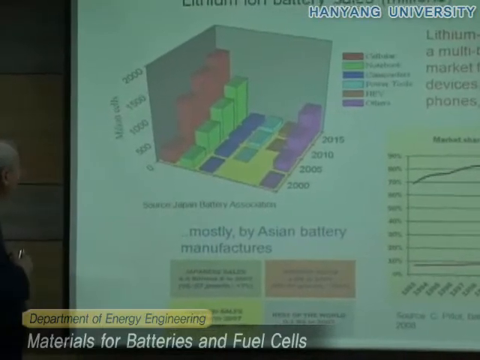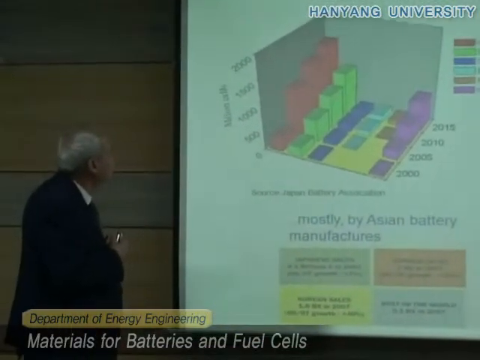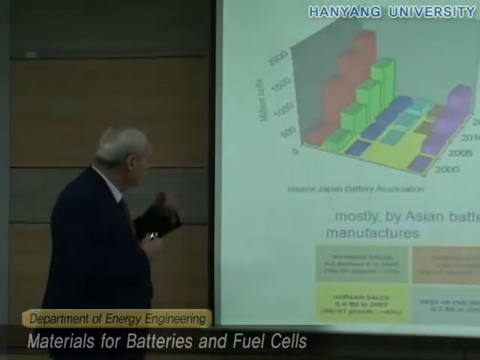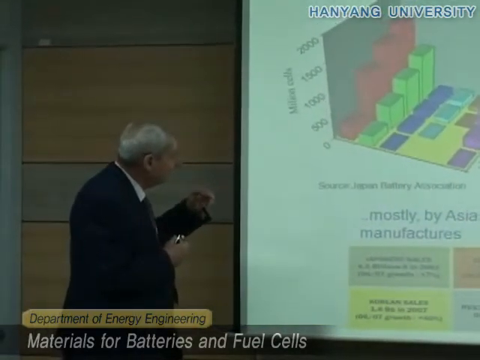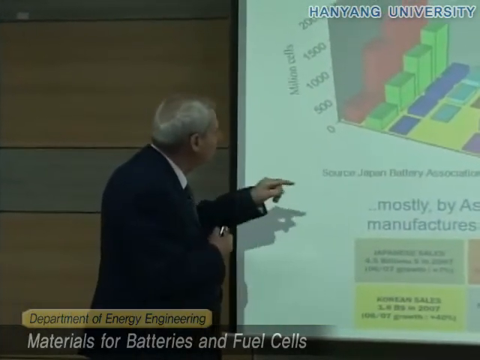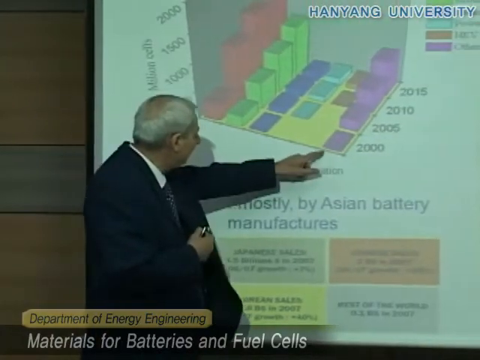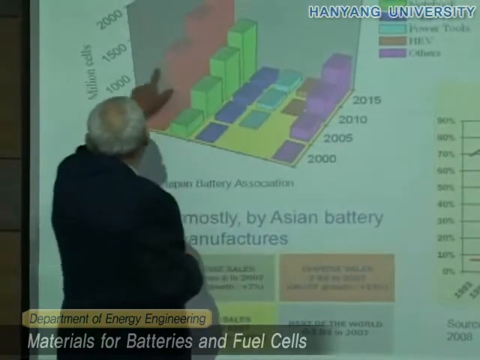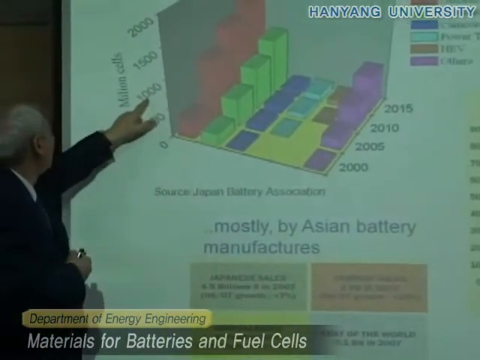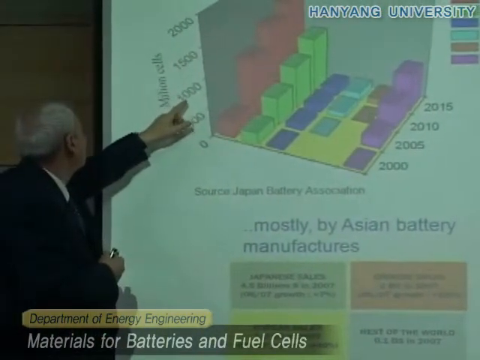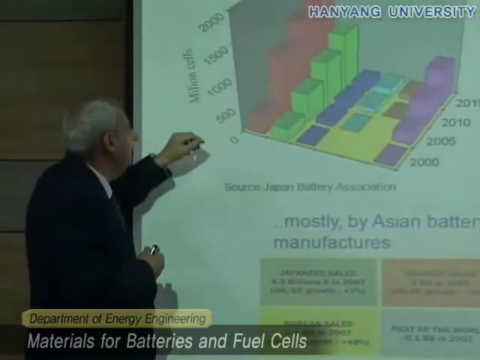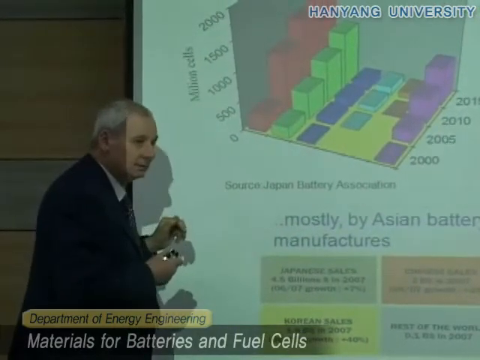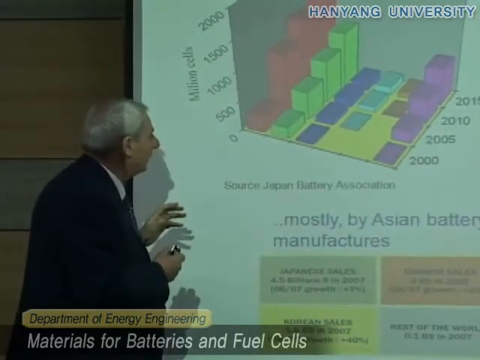And you see that we are having here a very fast-growing market. In the year 2000, this was the amount of batteries, say. In the year 2015, we are about to reach almost 1.5 billion cells, an enormous amount.